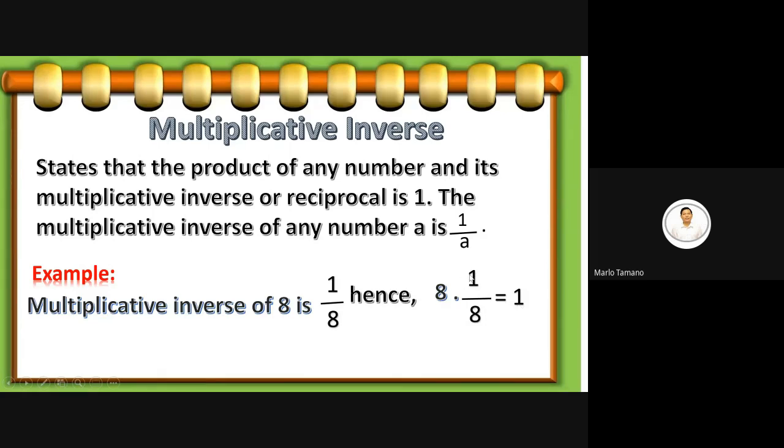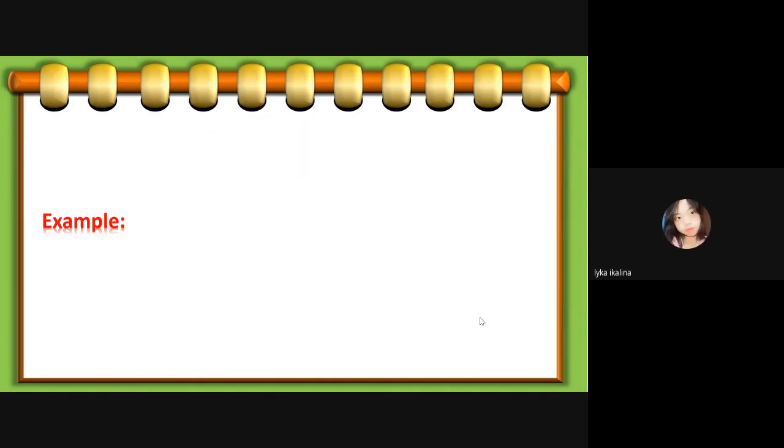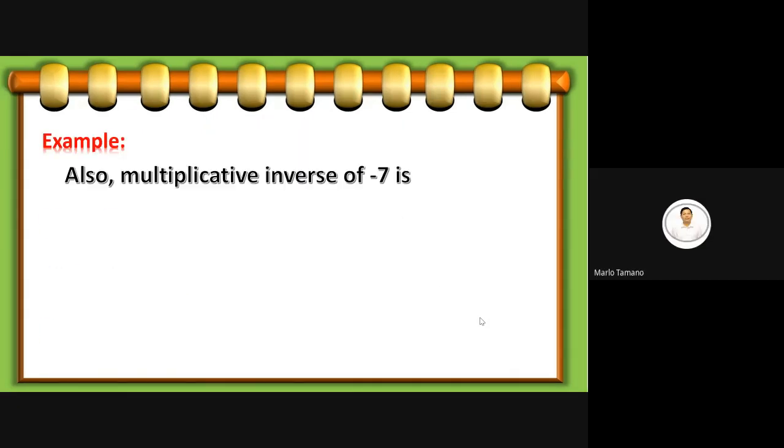So, 8 times 1, yun lang po yung i-multiply natin. The whole number 8 times the numerator, that is 8. Tama? 8 times 1 is 8. Tapos, divided by 8 is equal to what? Can you follow? Naintindihan? Yes po.